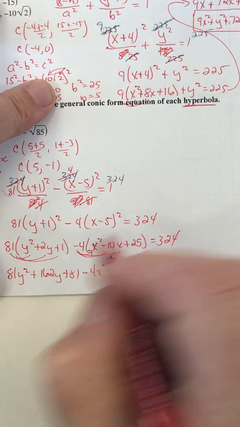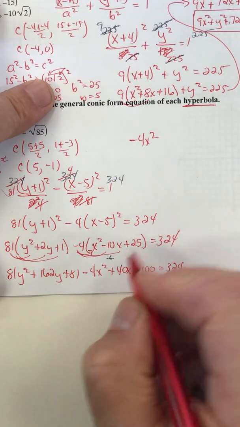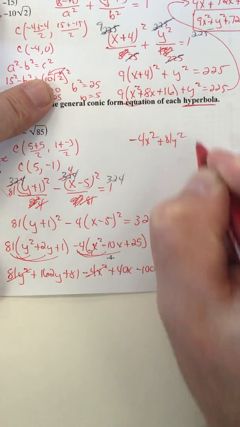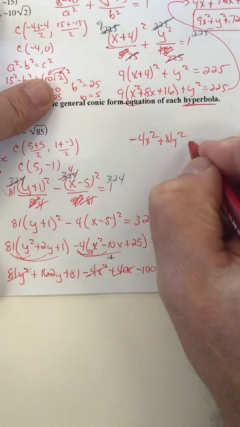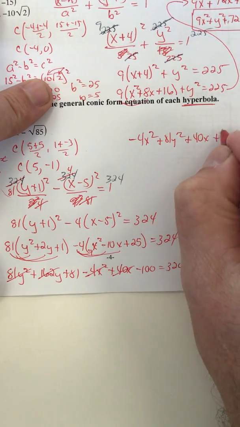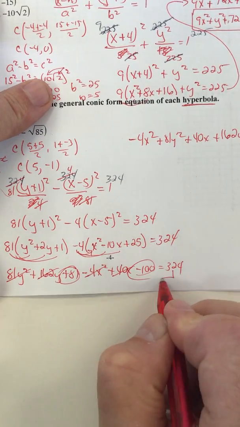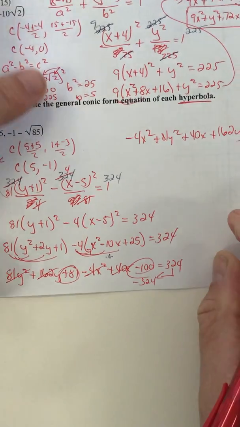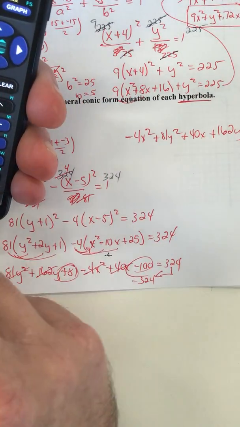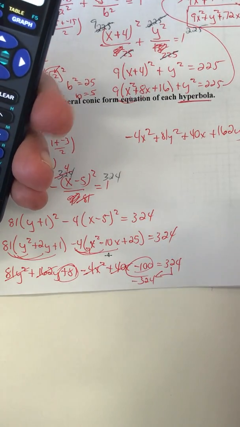So our final answer: negative 4x squared plus 81y squared plus 40x plus 162y, 81 minus 100 minus 324, is negative 343.